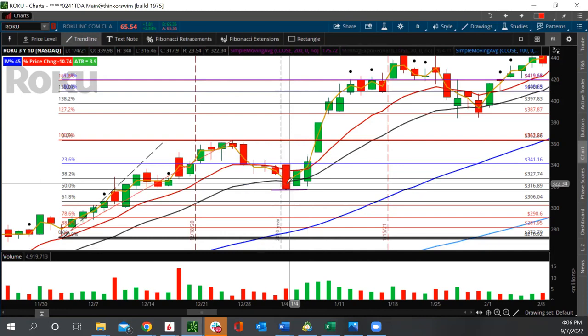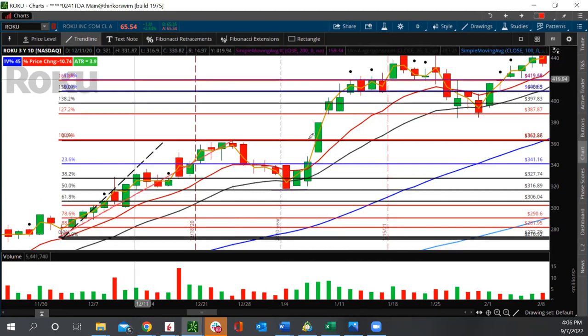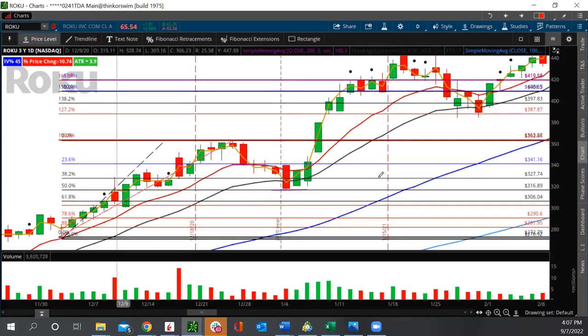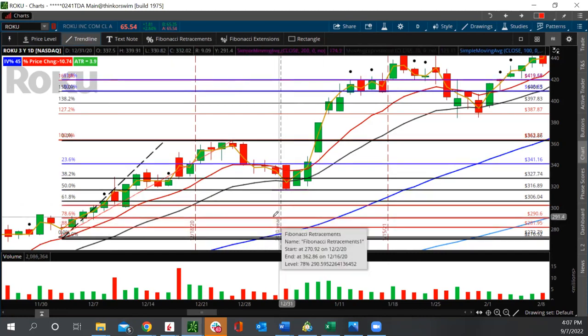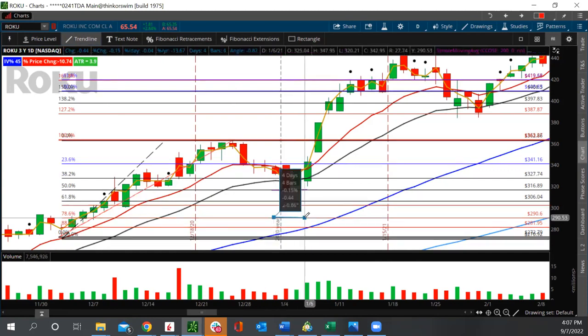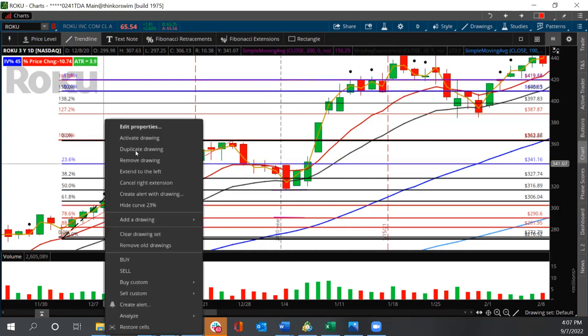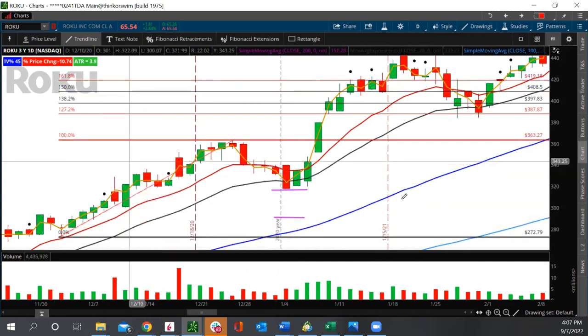There's your entry. And then let's say you did just use your stop using the 78.6. Okay. And so down here, 78.6, you said, okay, here's my stop. So let's get rid of that, just to make it easier to see.